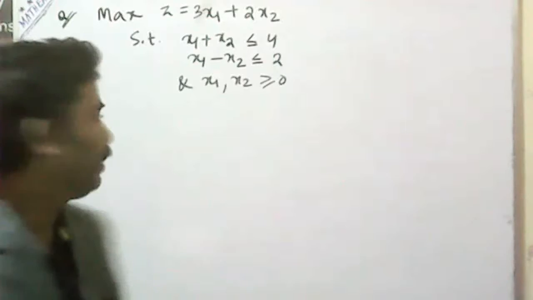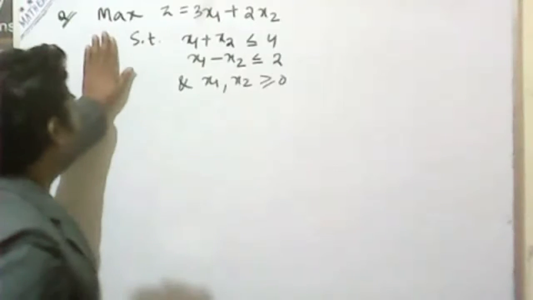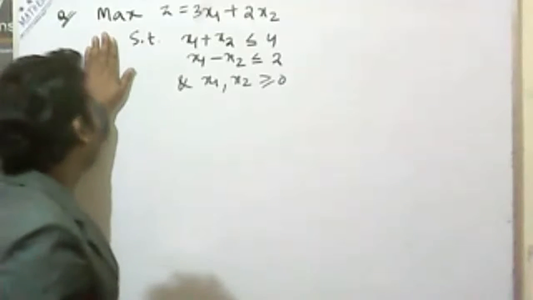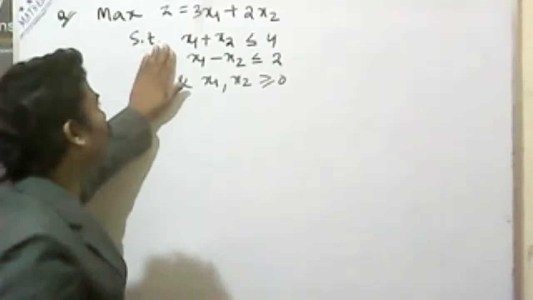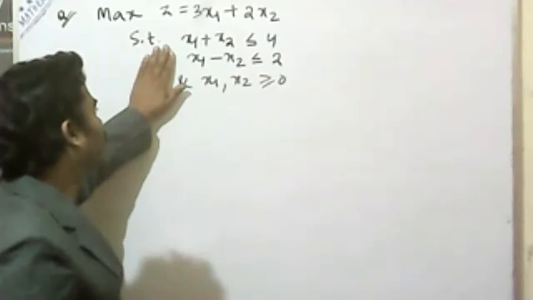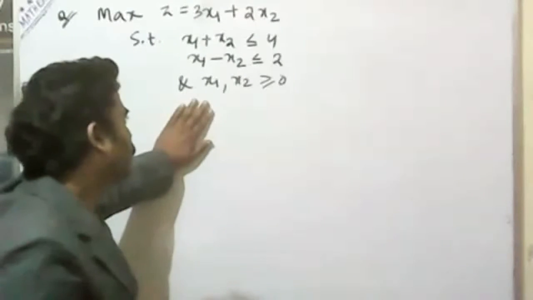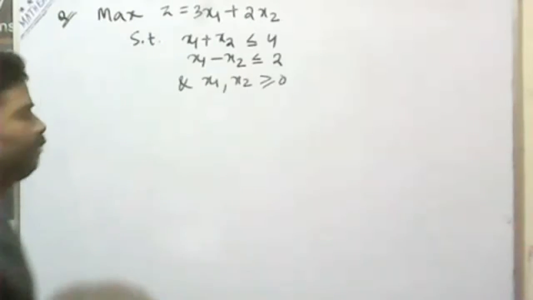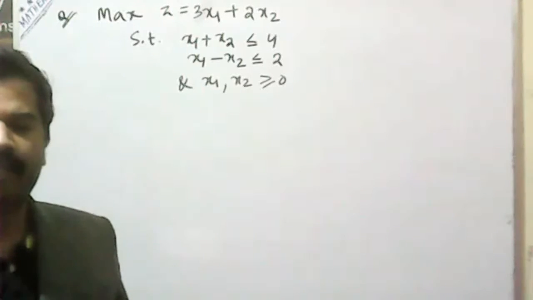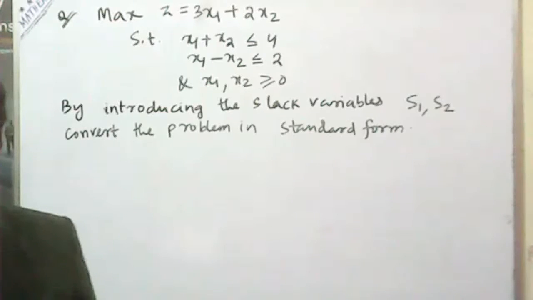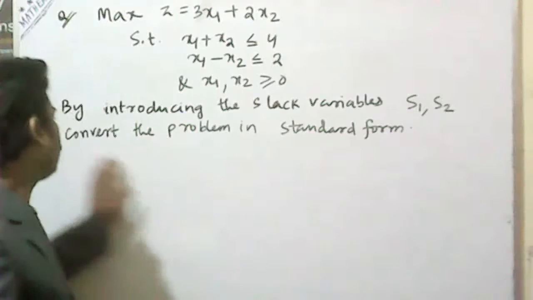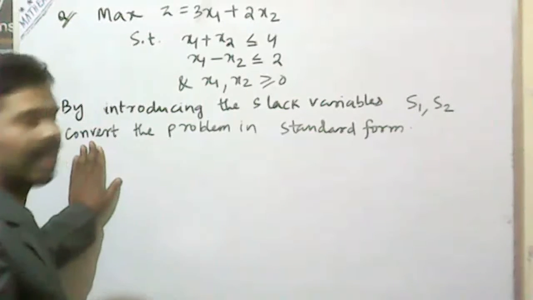The question given is: max z is equal to 3x1 plus 2x2, subject to the constraints x1 plus x2 is less than equal to 4, x1 minus x2 is less than equal to 2, and x1 and x2 are greater than equal to 0. By adding slack variables and surplus variables we can redefine it. By introducing the slack variables S1 and S2, convert the problem into standard form.